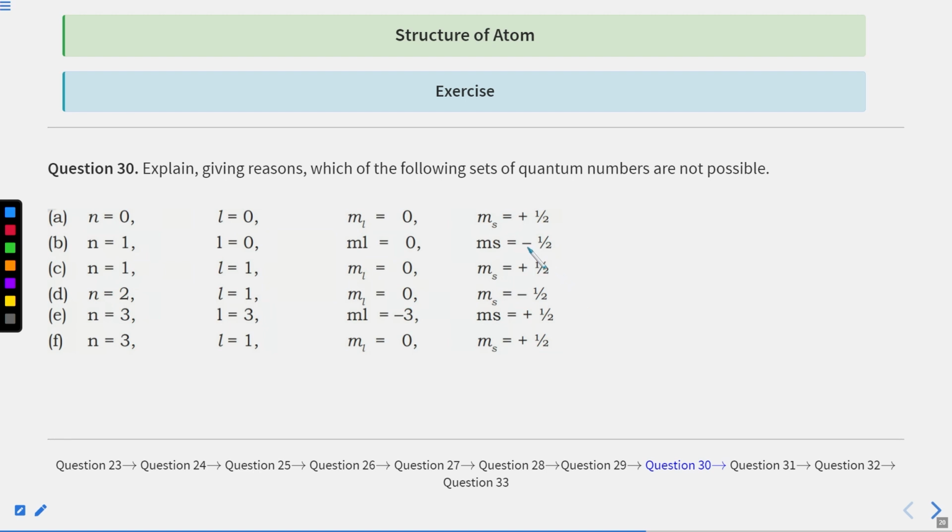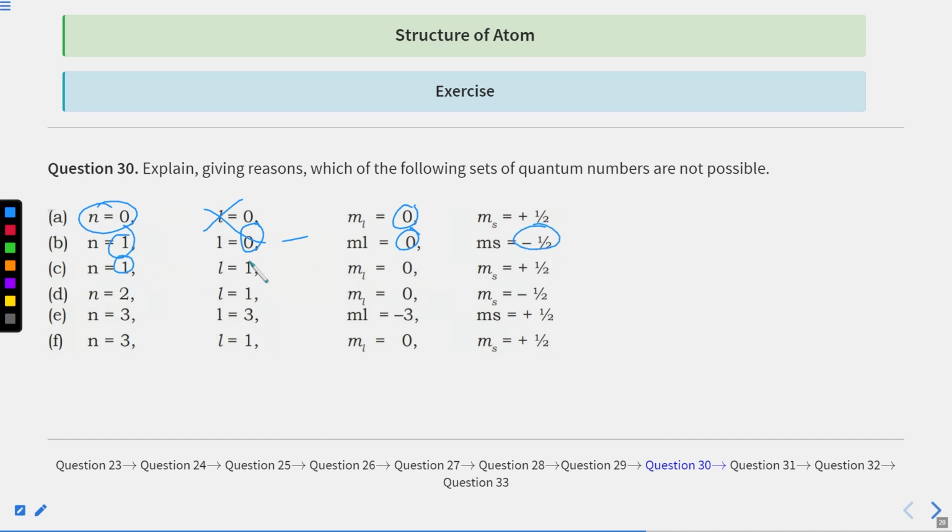Explain, giving reason, which of the following sets of quantum numbers are not possible. You have to see which quantum numbers are not possible. Now if the n value is 0, then it is wrong because l goes from 0 to n minus 1, so it is not possible to have a value of 0. For n equals 1, l can have a value of 0, so 1s and ml 0 is also correct.